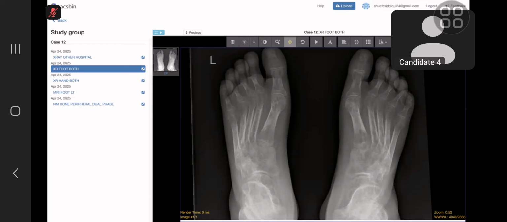There is evidence of multiple loosened areas involving almost all the bones of both feet, which is patchy in distribution. There is no evidence of significant soft tissue component.